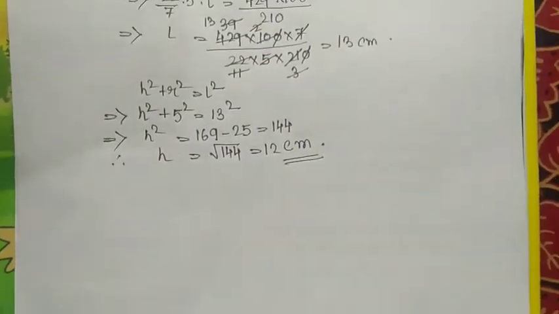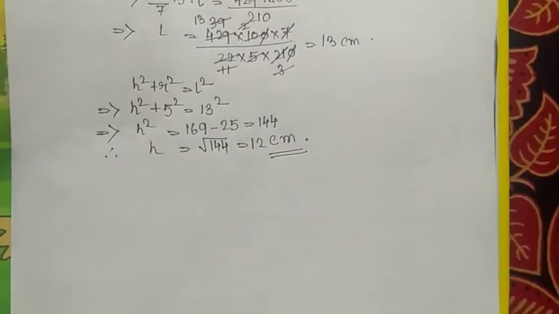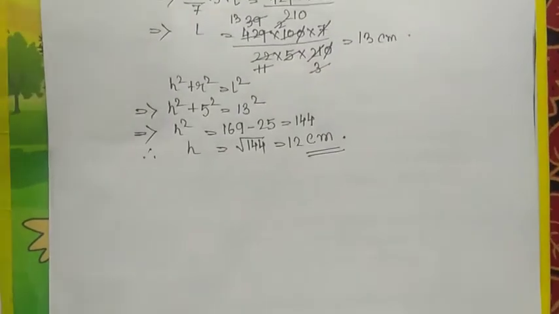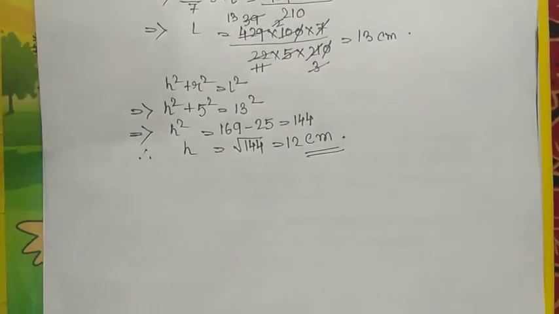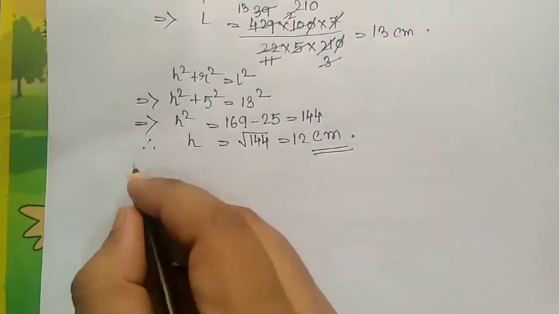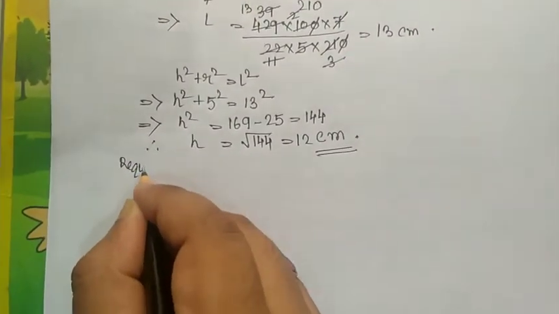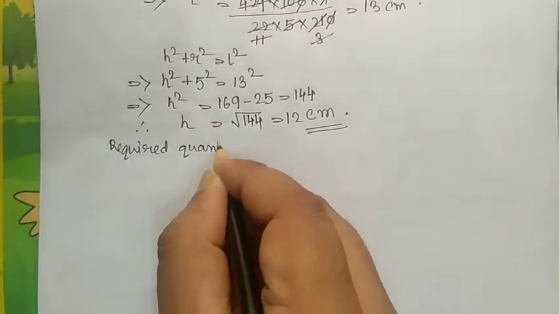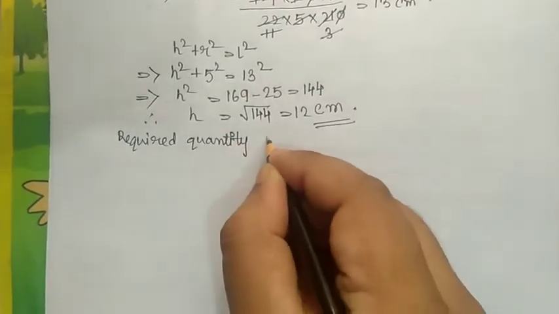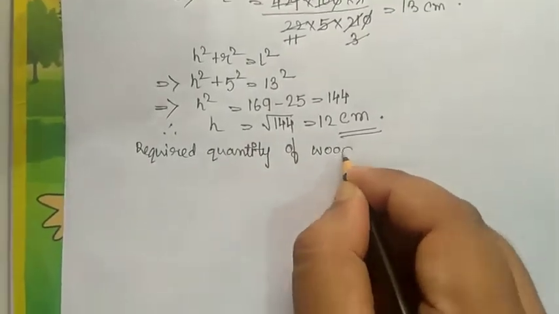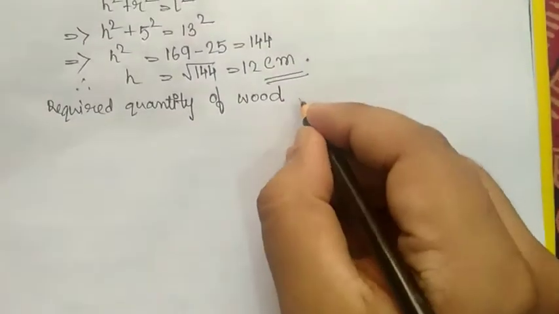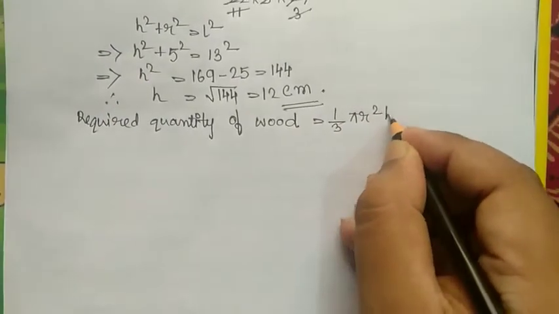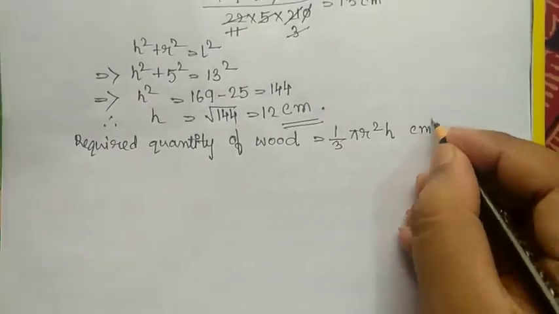Now we have to find the quantity of wood which is required to make the toy. So therefore the quantity means here we have to find the volume. So therefore required quantity of wood equal to 1 by 3 pi r square h centimeter cube.